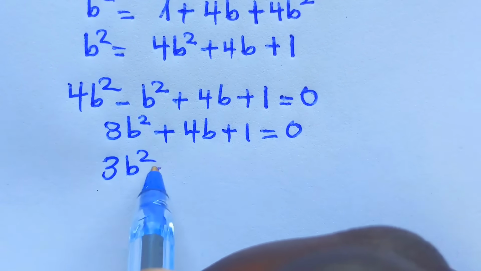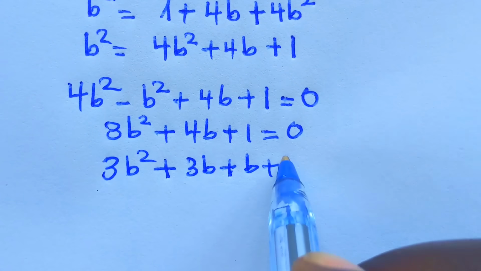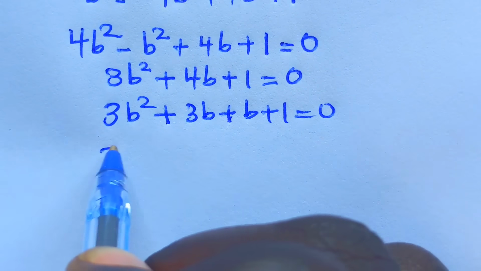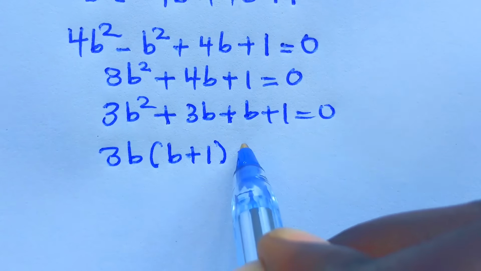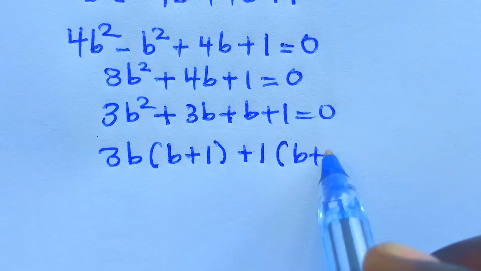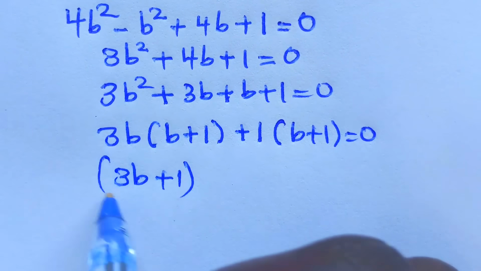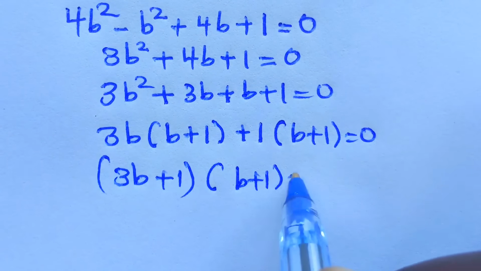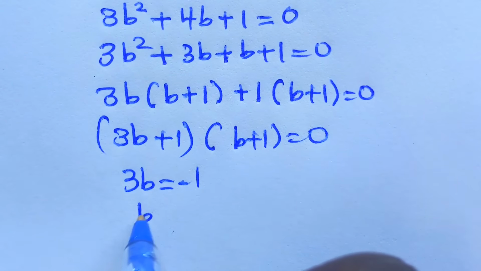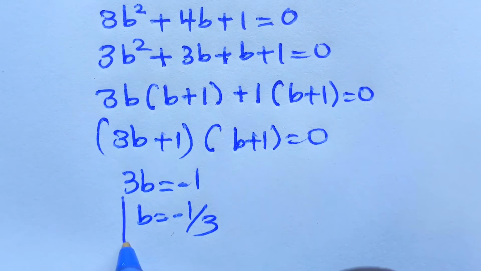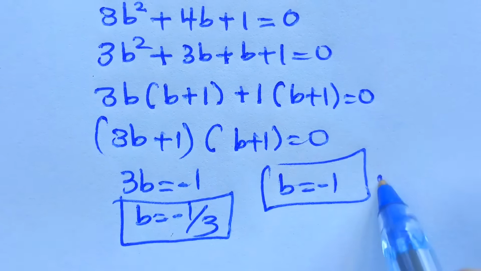We have 3b squared + 3b + b + 1 = 0, and 3b out to get b + 1, and plus 1 right here to get b + 1 = 0, and you have (3b + 1)(b + 1) = 0, and 3b equals negative 1, and b equals negative 1/3, and b equals negative 1, which is rejected.